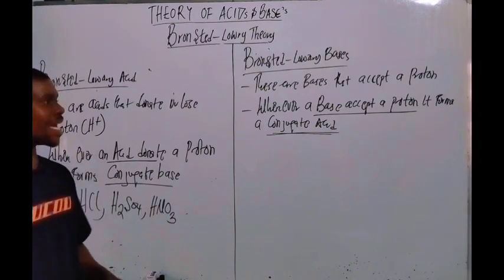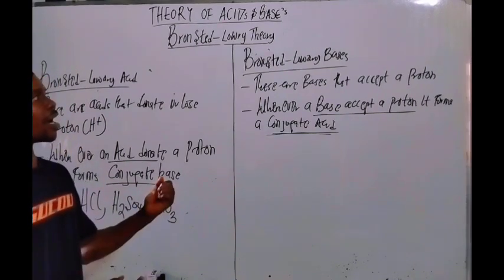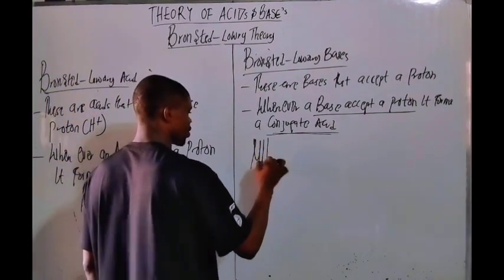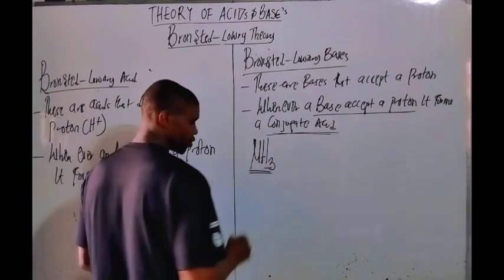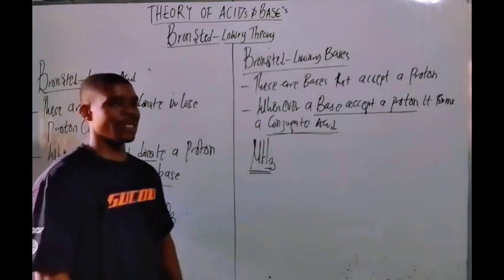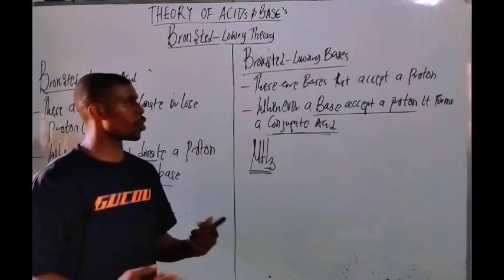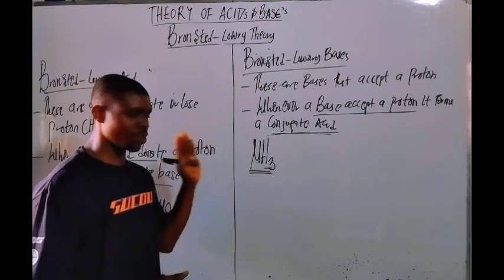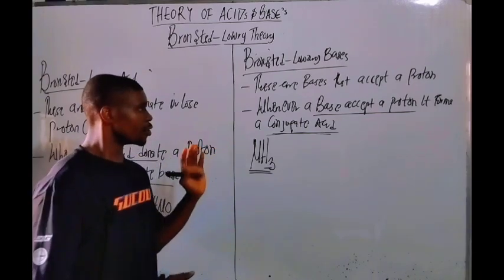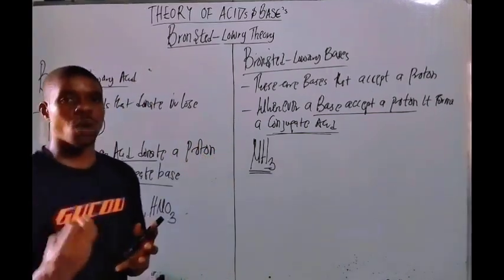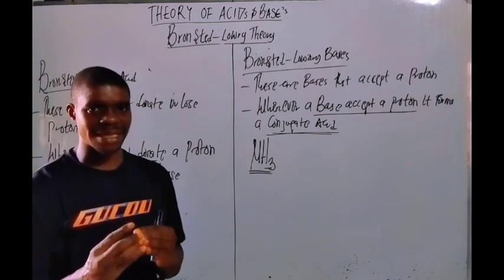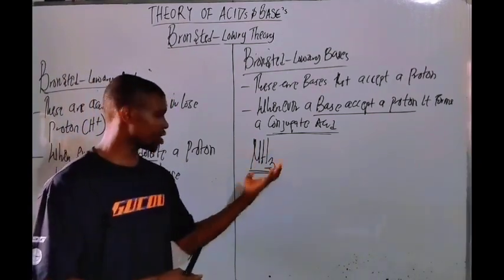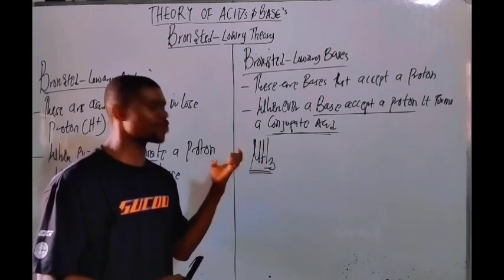Hope you understand. Now, a good example of a Bronsted-Lowry base is NH3. NH3 is a good example of a Bronsted-Lowry base. Although there are others, this is the common one. Now, one thing about this Bronsted-Lowry base is that there is no OH here, but it's still regarded as a base.